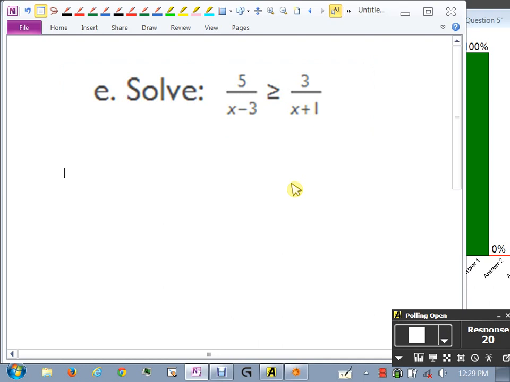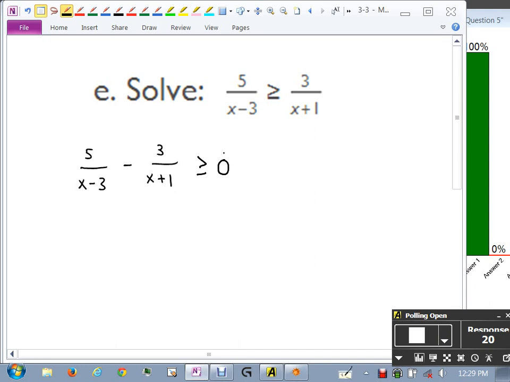Does that look like a rational inequality to you? Yes? We need to move everything to one side, though. So how about I take the 5 over x minus 3, leave it there, bring the 3 over x plus 1 to the left side, leave it as greater than or equal to 0. Now, what do I have to do?